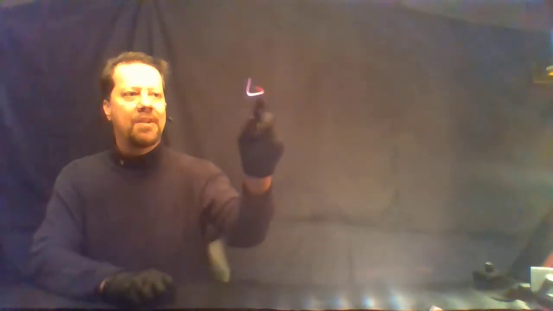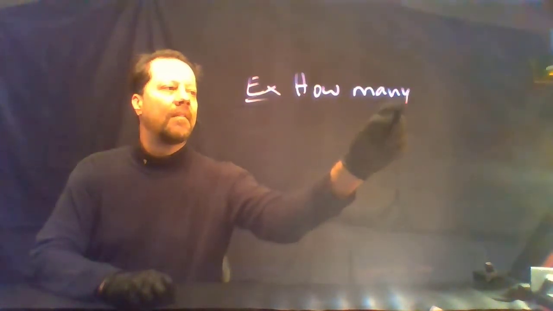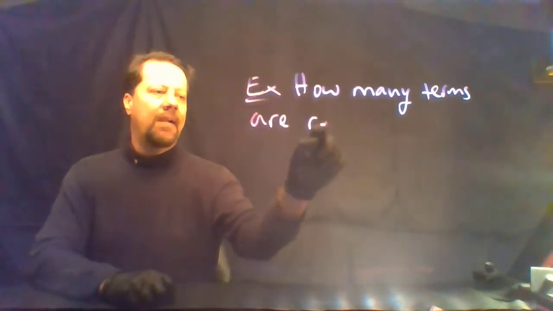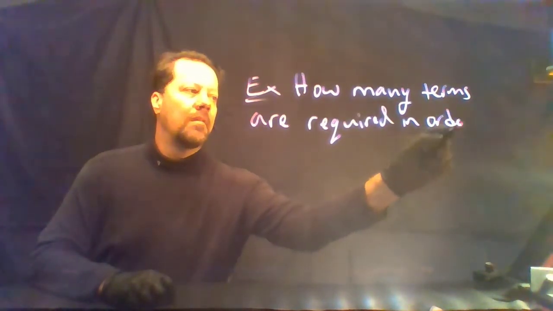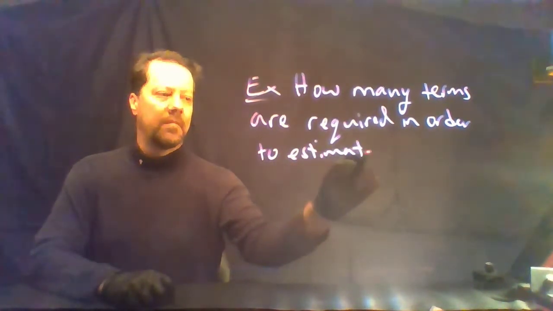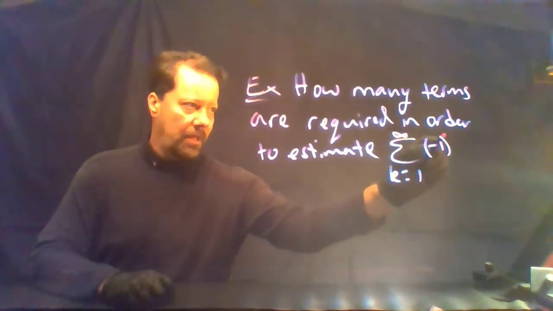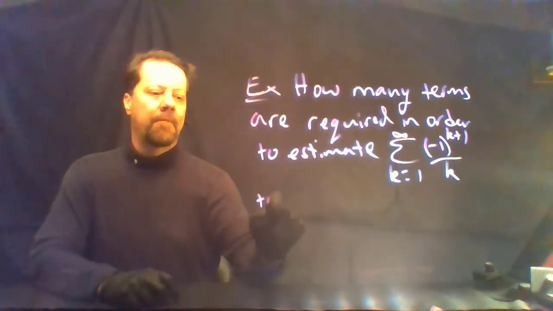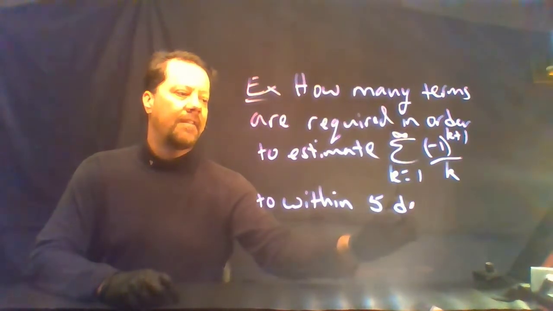A natural question might be, how many terms are required in order to estimate the sum of the entire alternating harmonic series to within, say, 5 decimal points?